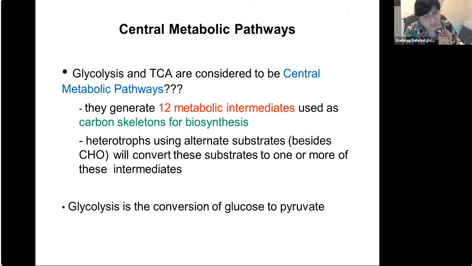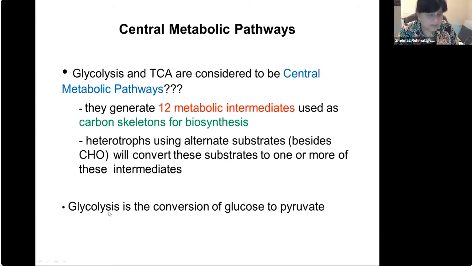So if a bacterium is capable of hydrolyzing or breaking down petroleum, even that will eventually be brought back into the central metabolic pathway. So definitely our central metabolic pathways become very important in terms of different types of microbes which can metabolize some fancy substrates, but they will eventually merge somewhere into the central metabolic pathway.